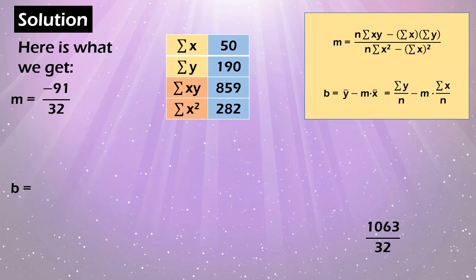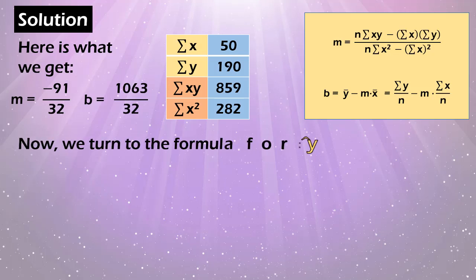So now we have everything we need to finish this problem. We have the value of m is negative 91/32, and the value of b is 1063/32. So the equation for the regression line is y hat equals m times x plus b.